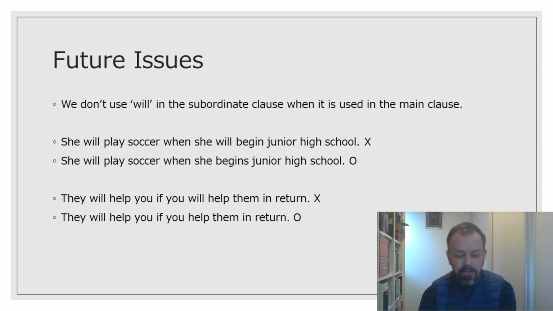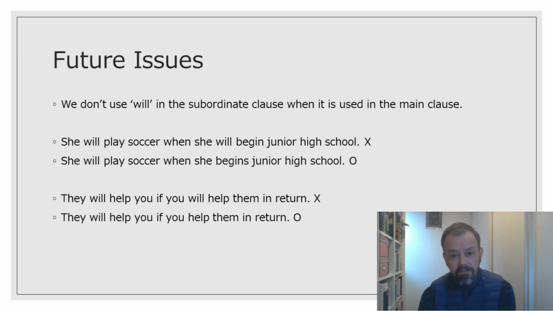And we usually have a main clause and a subordinate clause. And we generally don't use will in the subordinate clause. Will should be used with the main clause to set the tense, and after that we use the present tense.